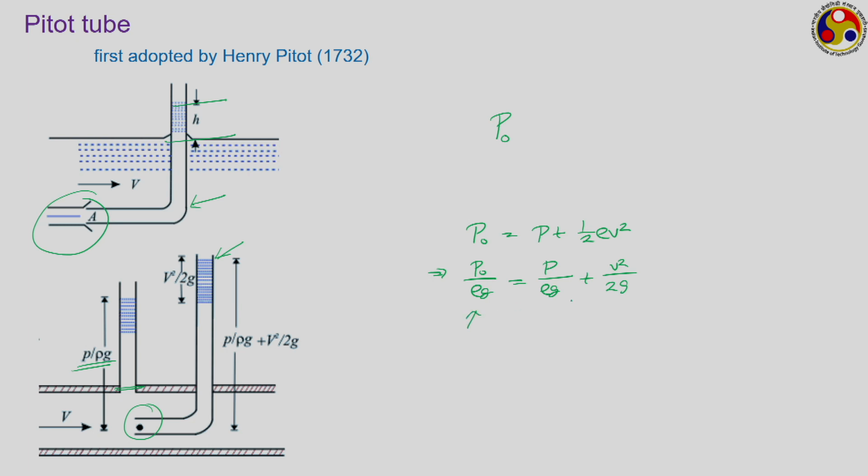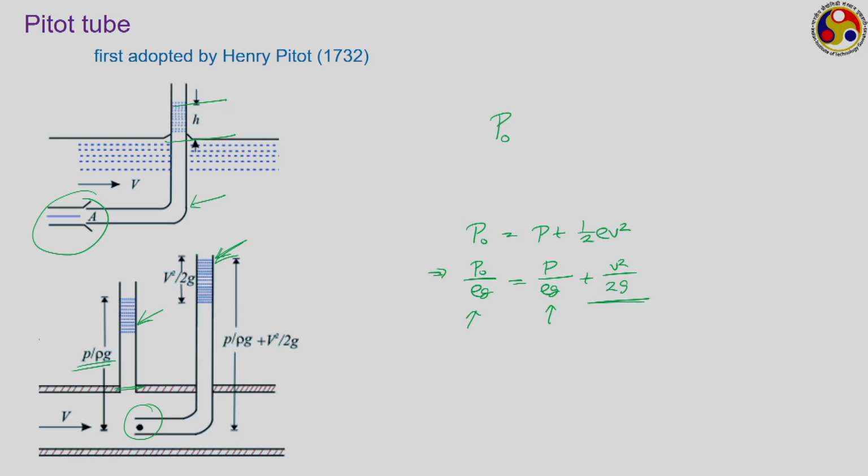The first one is the stagnation pressure head, which we will be getting from here. The static pressure head will be coming from here, and their difference is the dynamic pressure head.